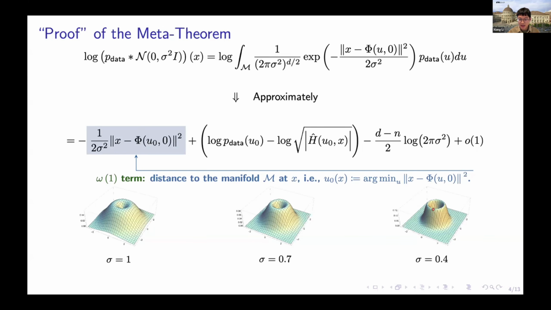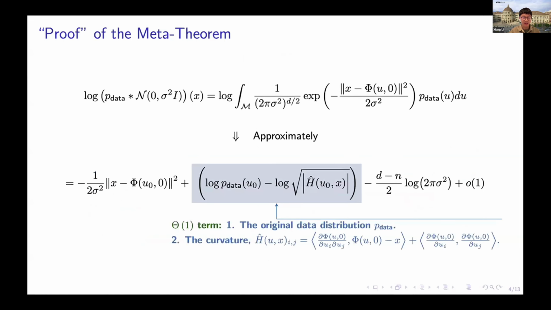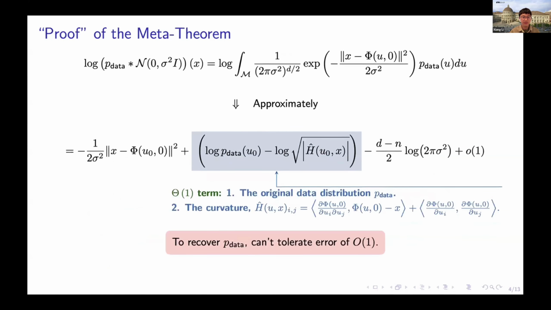Here's a visual example: the manifold is a unit circle in 2D. This leading term, a very strong signal, will determine the support of the limiting density. The information about p data appears in the theta 1 term. So if your task is to recover the target distribution, you have to know the score very accurately, to an error of small o(1).